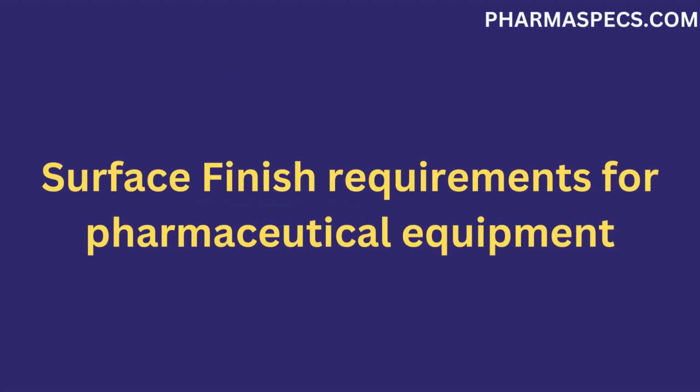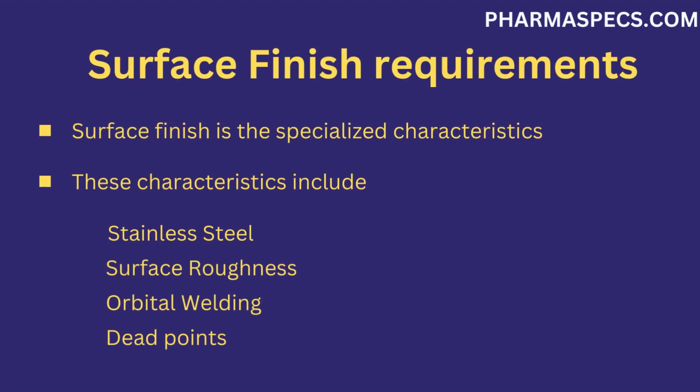Now let's discuss what the requirements of surface finish for pharmaceutical equipment are. As mentioned previously, finish is the name for fulfilling certain requirements related to pharmaceutical equipment surface characteristics. These requirements include stainless steel, surface roughness, orbital welding, and dead points.